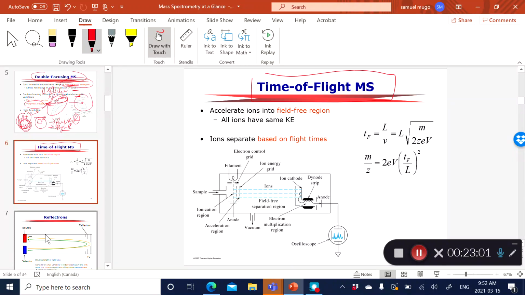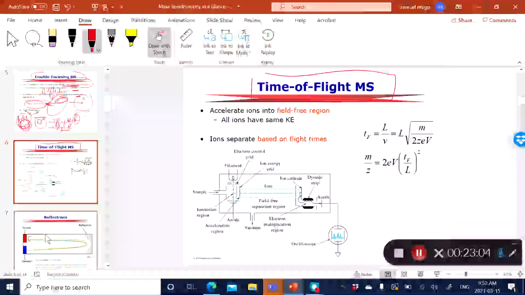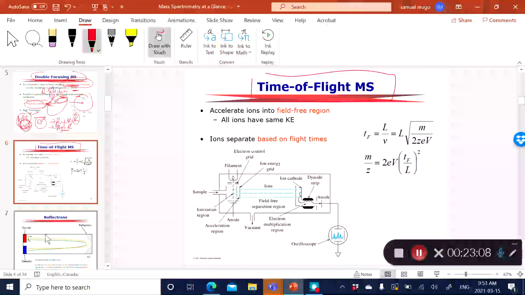Now, the other type of mass analyzer is what you refer to as the time of flight mass analyzer. The time of flight mass analyzer is fairly easy to understand. First, of course, you've got the analyte inlet, and it gets through an ionization chamber.